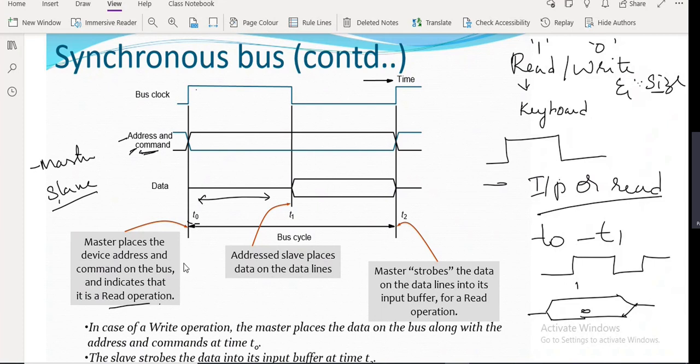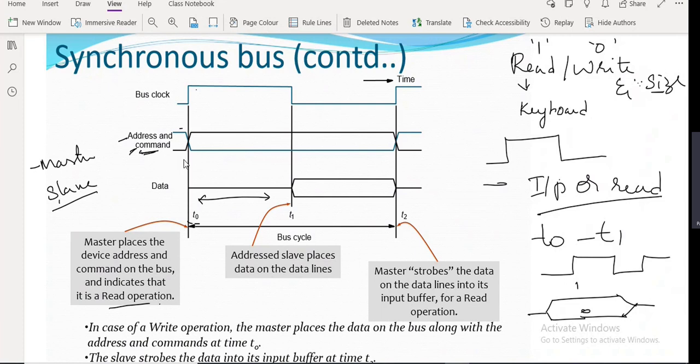Write means consider now the processor wants to write data onto the output device, either a display or a printer. What is it going to do? How is it going to initiate the operation? It requires the address, to which device it is making the request, and command information.